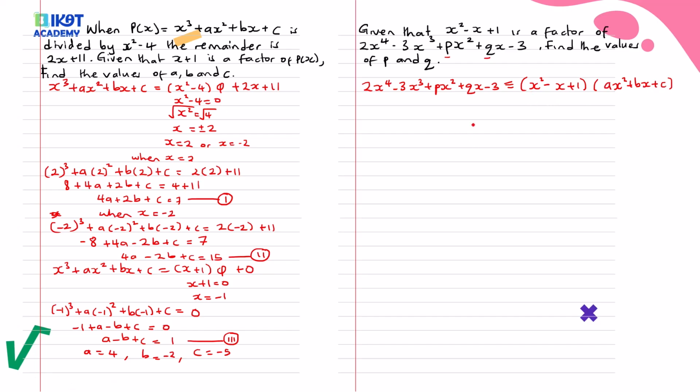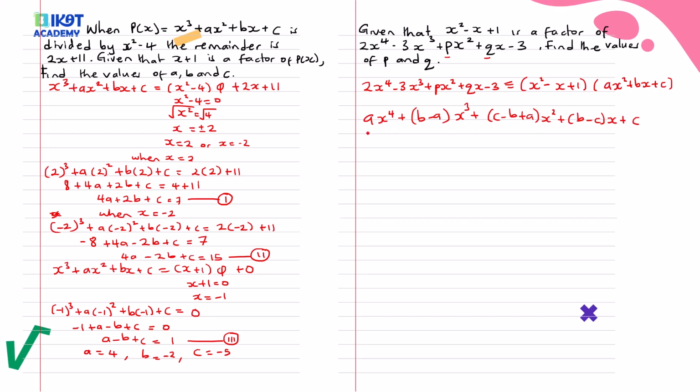Now when you expand this, you will have something like x to the power 4 plus b minus a into this plus c minus b plus a, this is x squared plus b minus c x plus c.